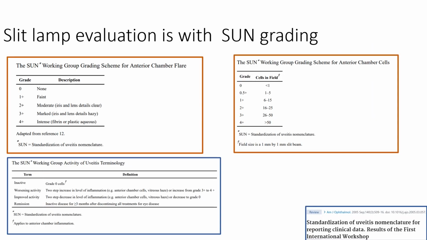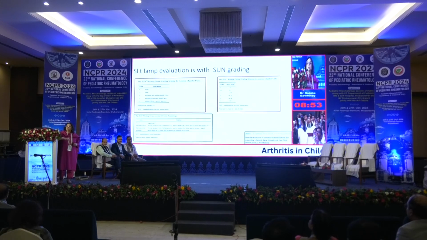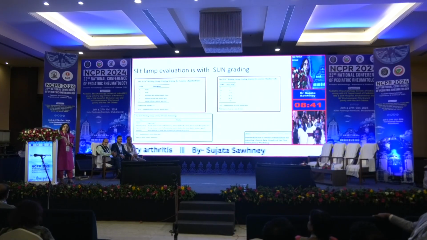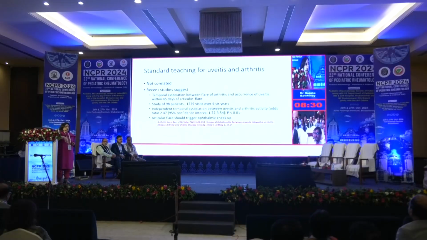When you want to evaluate the anterior chamber, you must have your ophthalmologist looking at what is called the SUN grading, which gives you the severity of the flare and also the number of cells. So your machine and man are both very important, because if you have a very basic entry level slit lamp, you're not going to be able to work with that very effectively. So you need to have a good ophthalmologist with a great machine to get on to how severe the inflammation is.